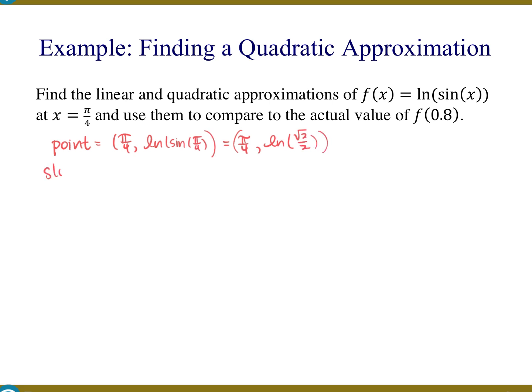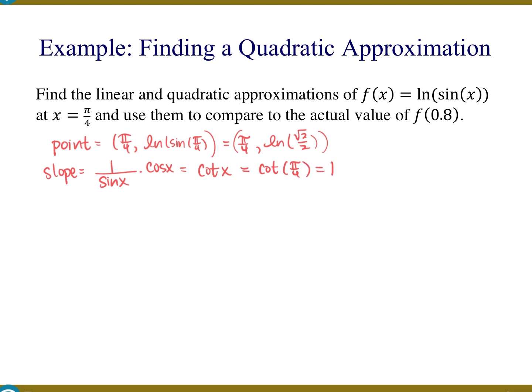Our slope, okay, so that'll be the derivative, so 1 over the sine of x times a chain rule, which would be the cosine of x, which really is cotangent of x. And so we want to know what's the cotangent then of pi fourths. So that'll be 1.